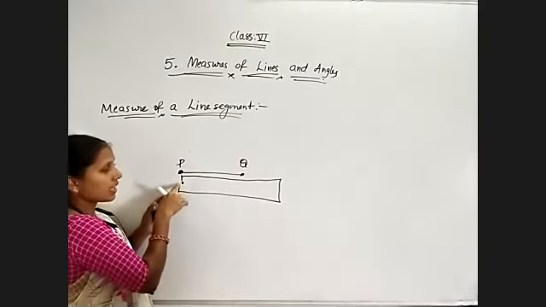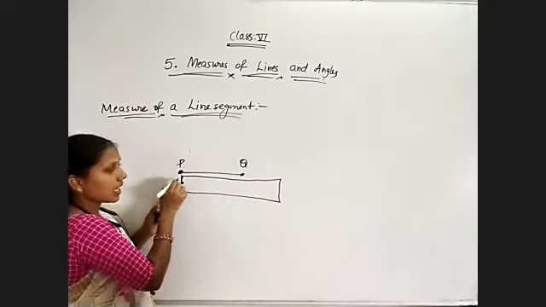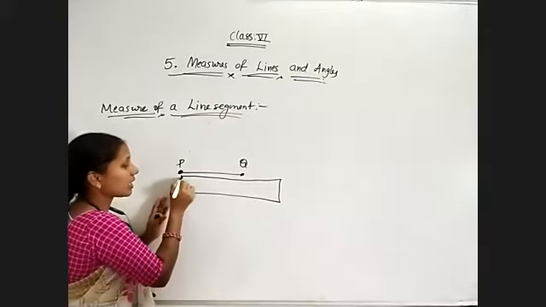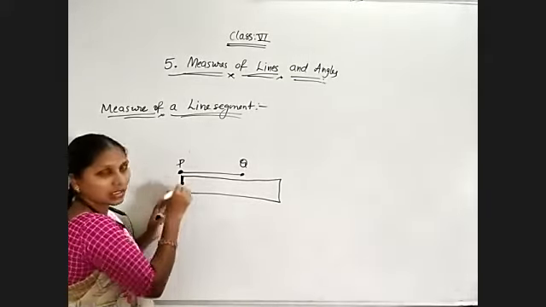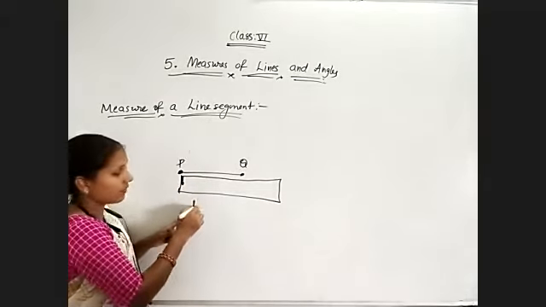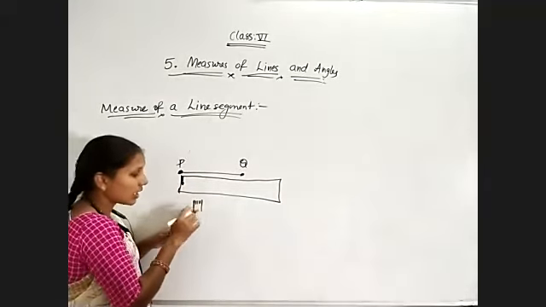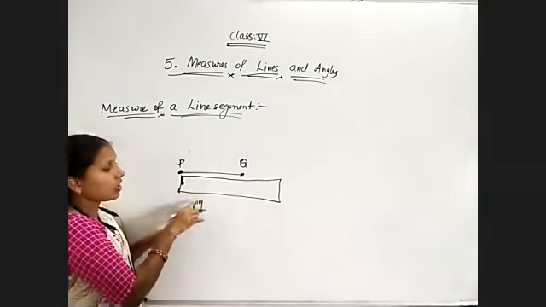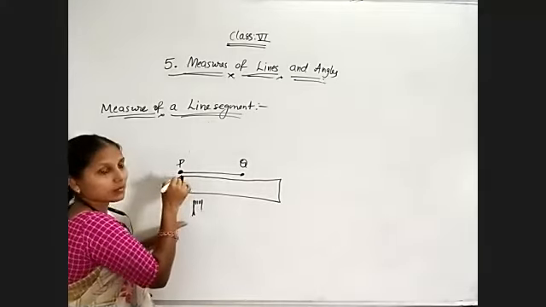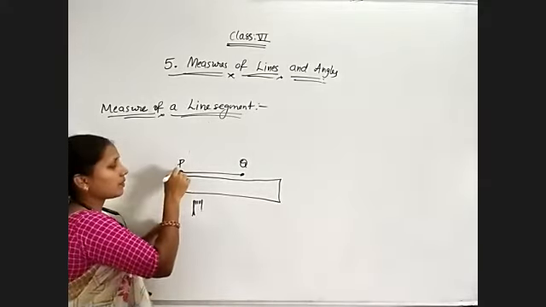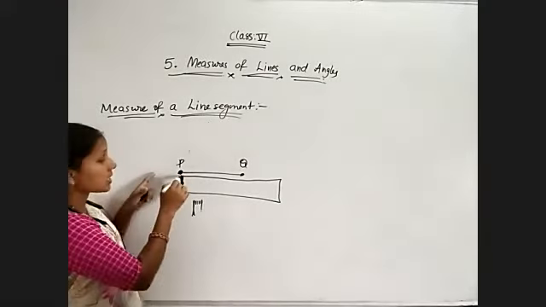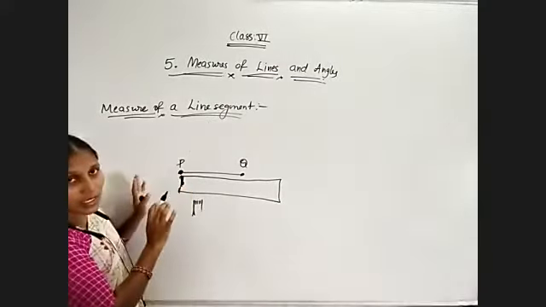For some scales you will get some space before it, and 0 is not mentioned. They draw one bigger line, and after that the smaller lines start. So where you get the bigger line, at that line, place the first point.